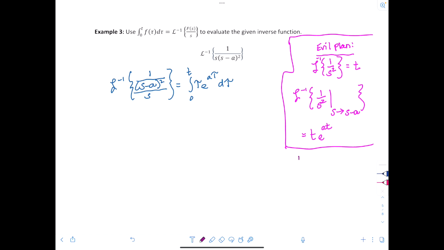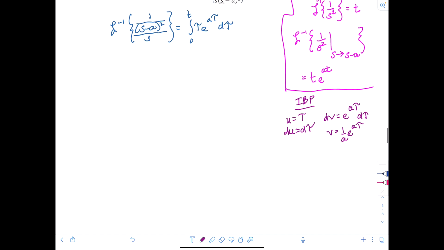Second part of evil plan is integration by parts, right? So if u is tau, du is d tau, dv is going to be e to the a tau, d tau, and so v is 1 over a e to the a tau. Cool so far? Okay. So the integral of tau e to the a tau d tau will be u times v.